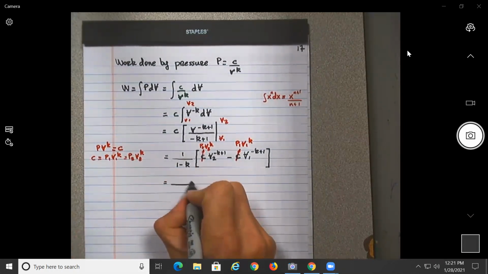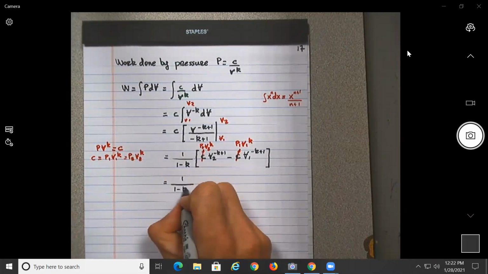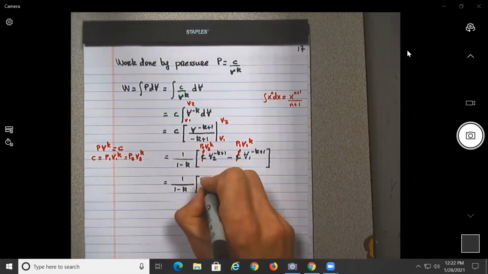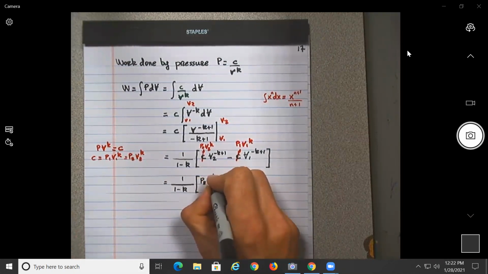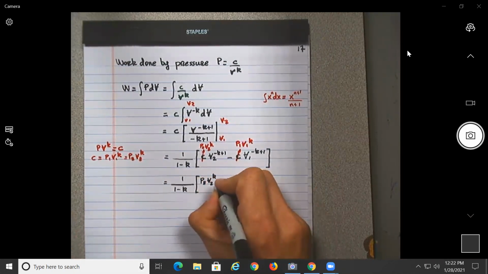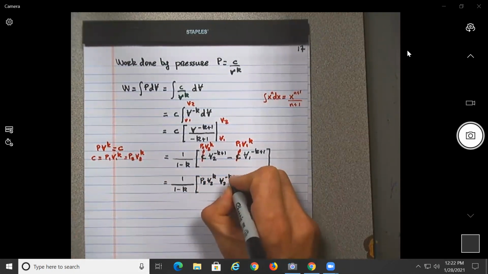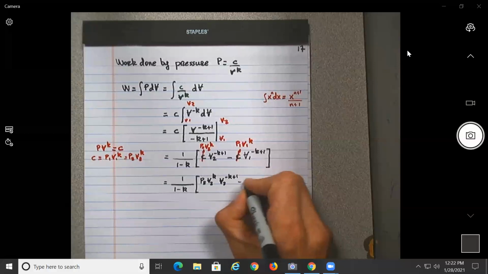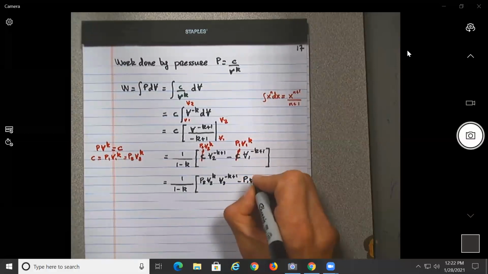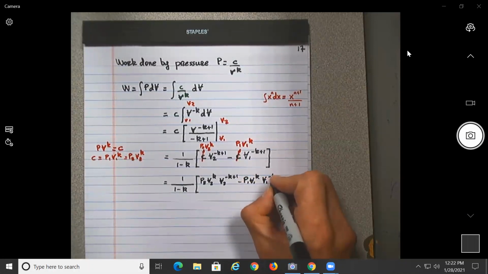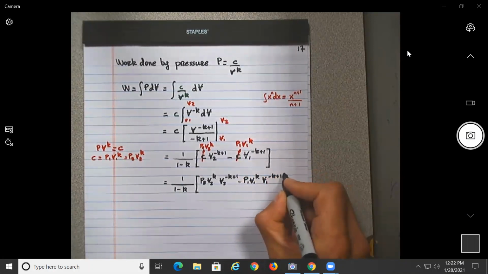You're going to have 1 over 1 minus K of P2 V2 to the K times V2 to the minus K plus 1 minus P1 V1 to the K V1 to the minus K plus 1.